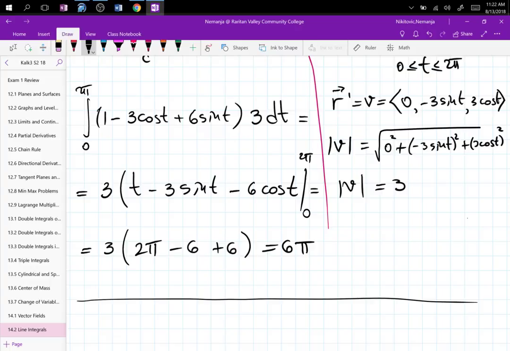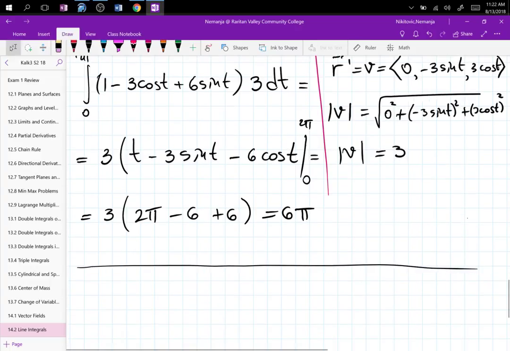Now, I'll write this in green. I haven't put stuff in green. To compute length with a line integral, you compute the line integral without the function f. Okay?